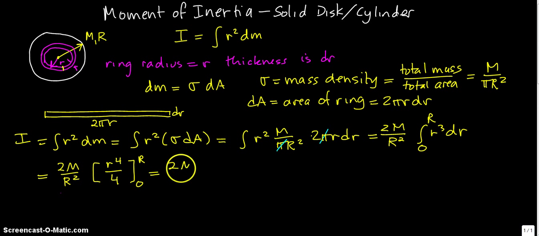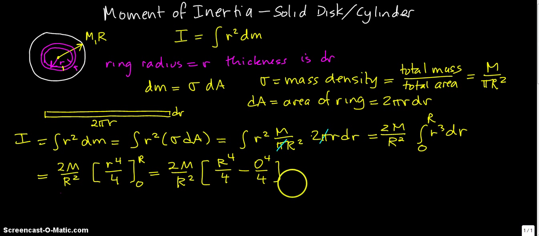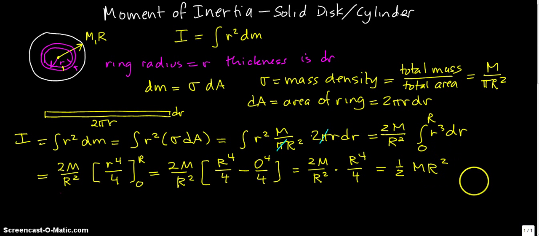So we have 2m over R squared, plug in our limits, capital R to the 4th over 4, minus plug in 0, 0 to the 4th over 4, and we're left with 2m over R squared times R to the 4th over 4, which simplified gives us 1/2 mR squared.